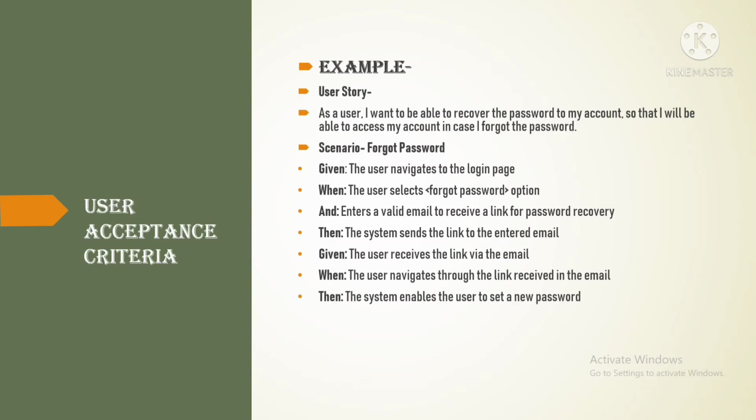And then a few expected results like receiving the link on the email, allowing the user to reset the password, and then validating by entering the new password on the login page. So based on this particular acceptance criteria, the QA can write at least 10 to 15 test cases, and the developer, as part of following this user journey, has to start the development process and see what tasks would be needed.